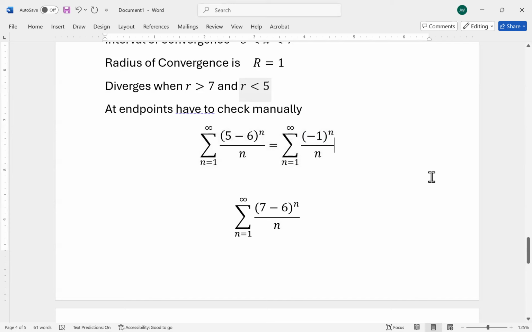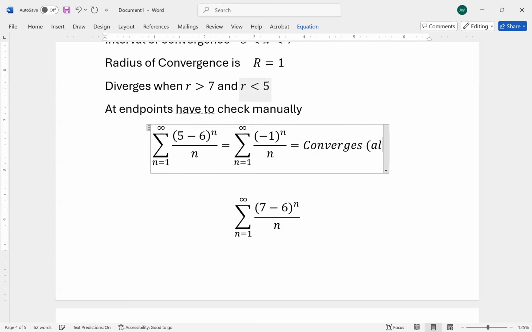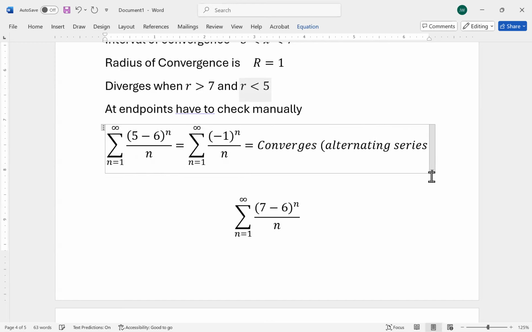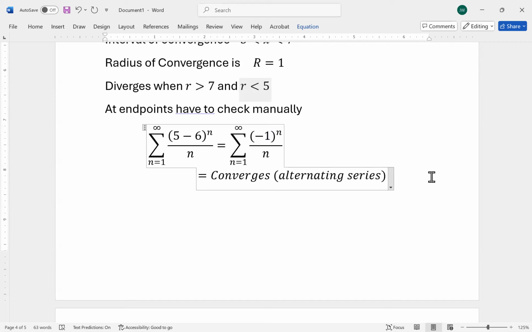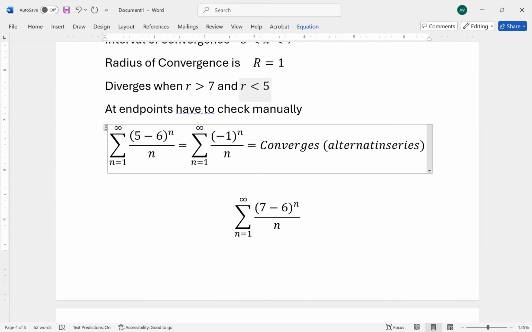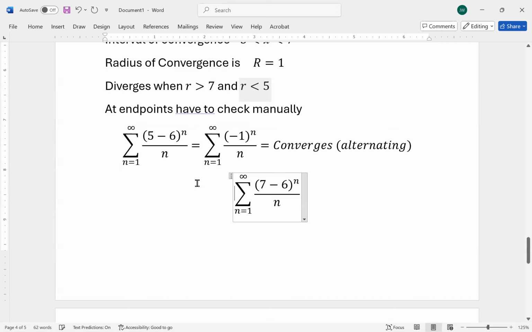If you forgot how to do that, go back to the alternating series section. I'll just write it. It converges because it's an alternating series. So at that endpoint, it converges.